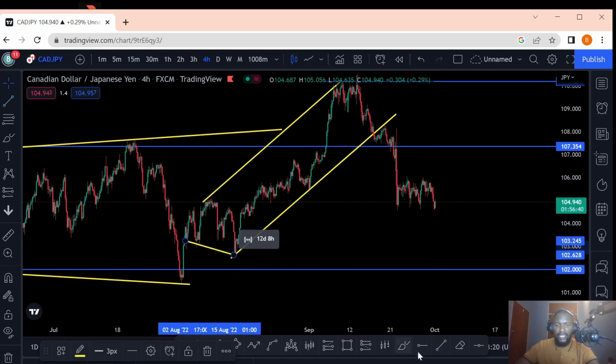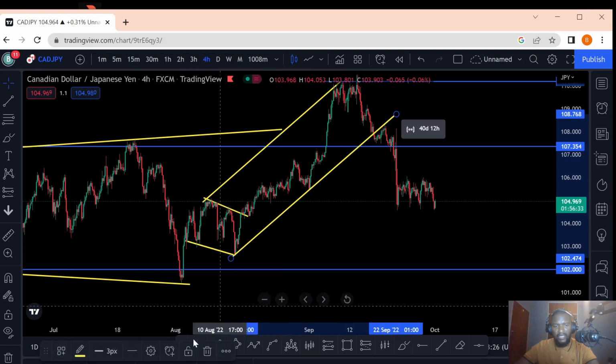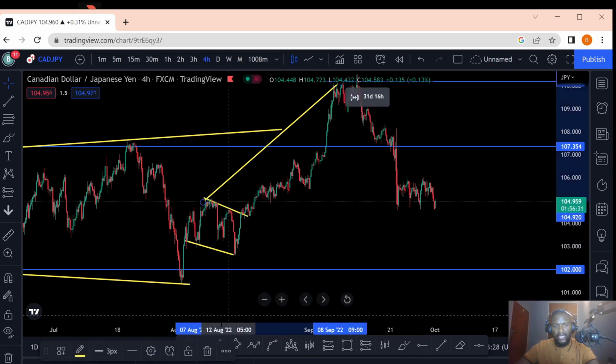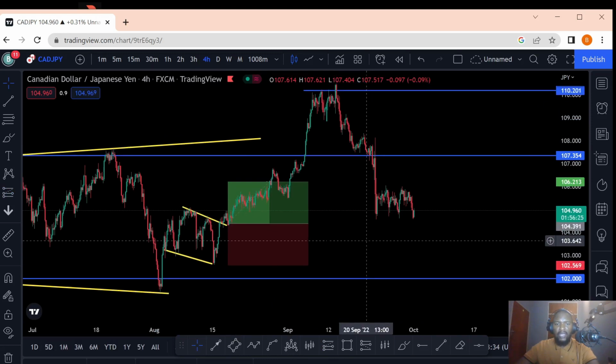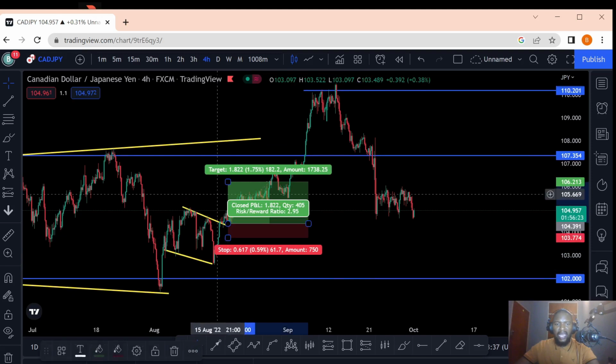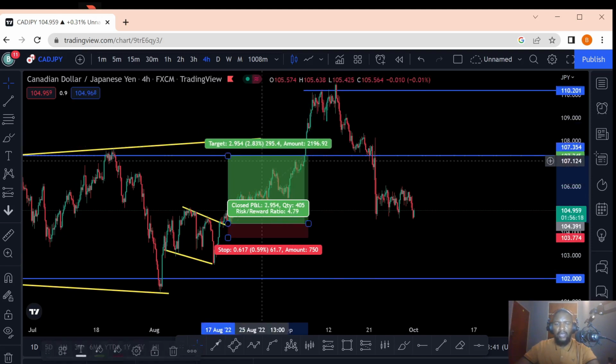First correction after an impulse, right? So if you got in right here and held your trade, let's say the target could be here.